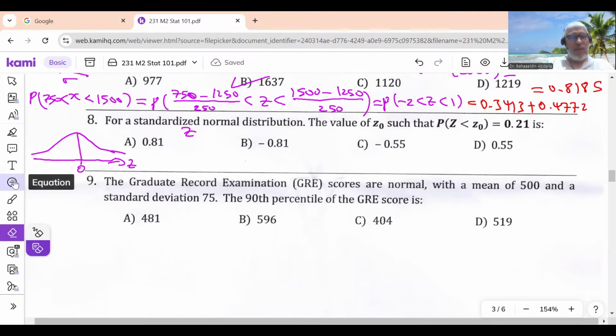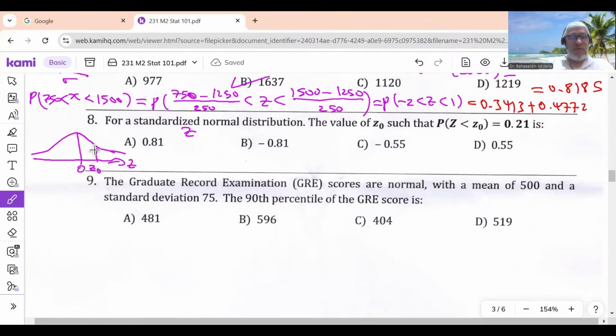So when he says Z0, Z0 is a value of Z. So it's a value here. It could be 0, it could be -1, it could be 1. So the probability that Z is less than Z0 means the area to the left of Z0 is 0.21. Can Z0 be here?